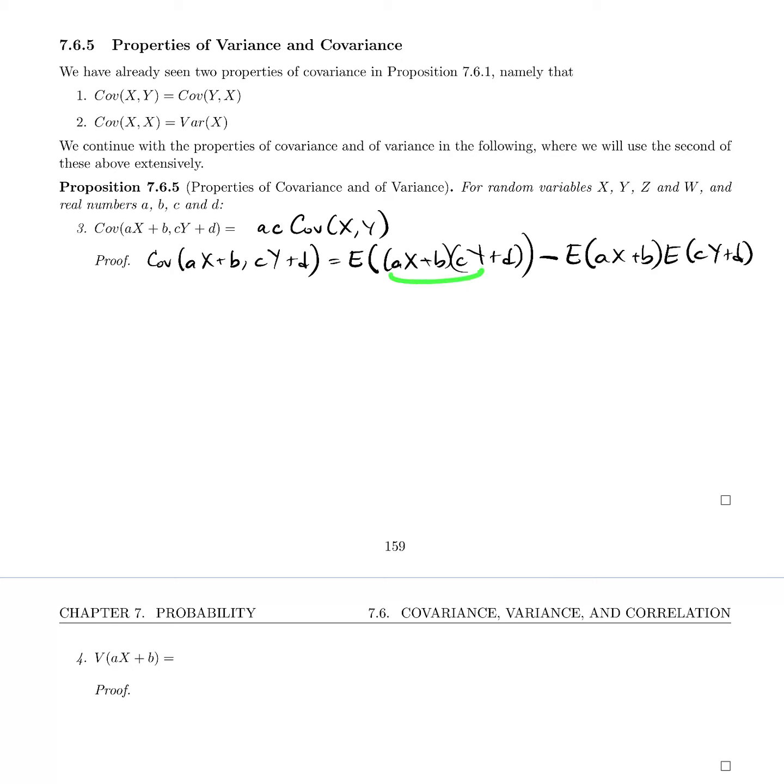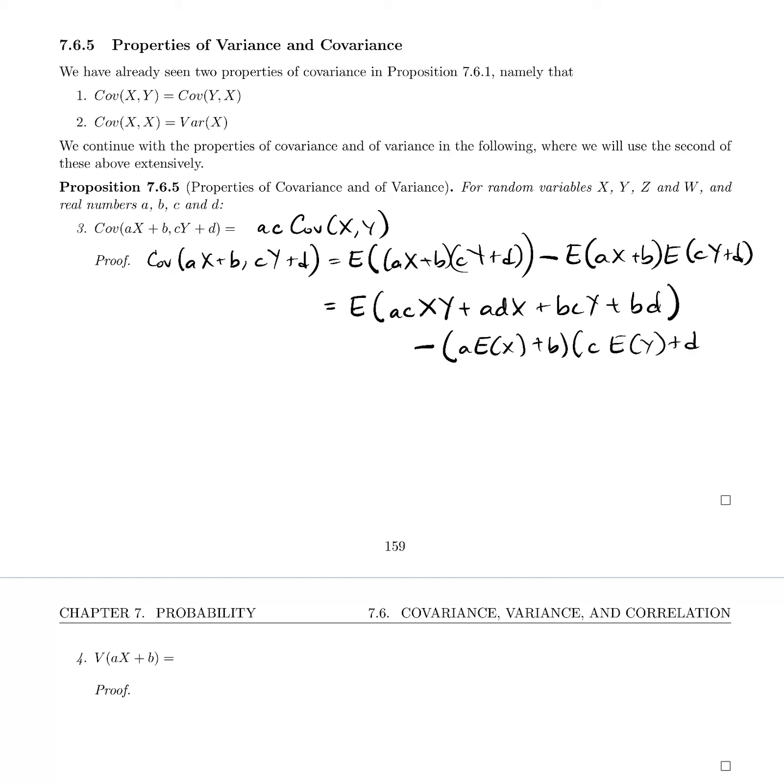So we can FOIL inside the first bracket, and we are going to get the expected value of acXY plus adX plus bcY plus bd, minus, and then here we're going to have properties of the expected value, so that I can write the first as a times E of X plus b, and this is times c times E of Y plus d.